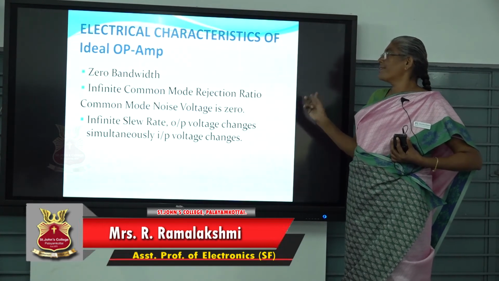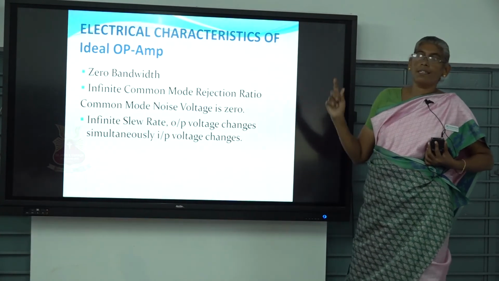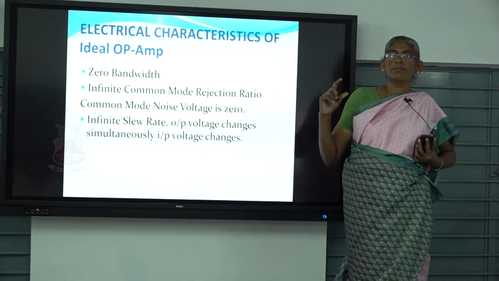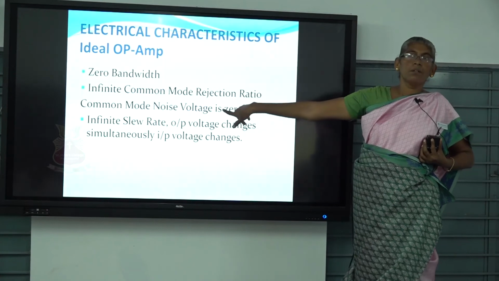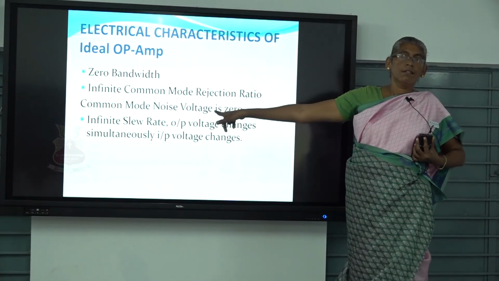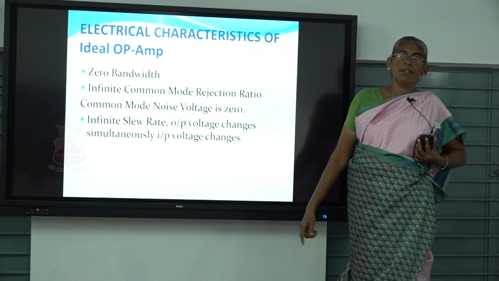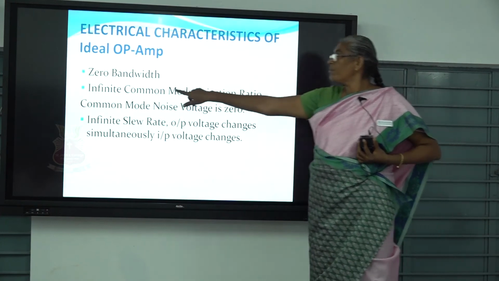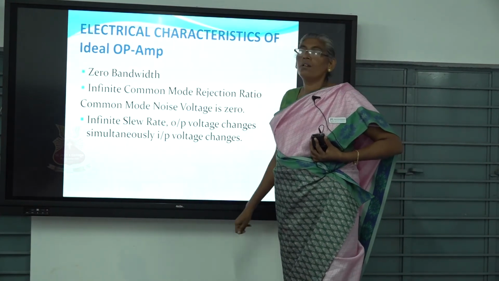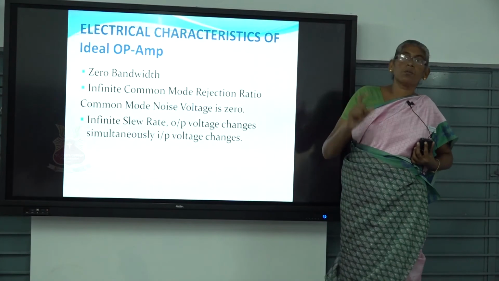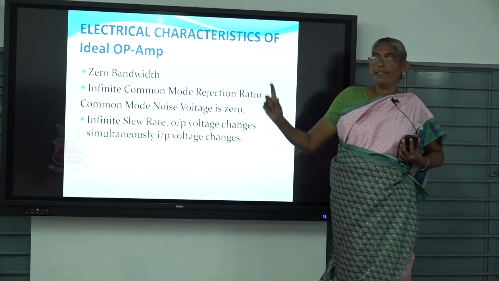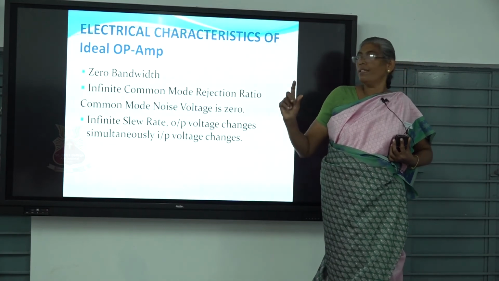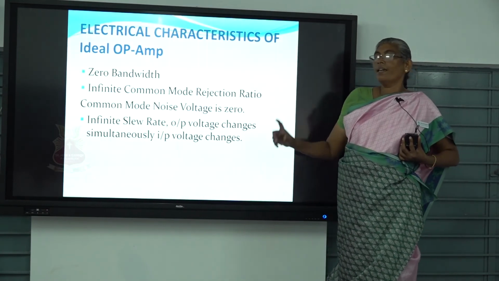Infinite common mode rejection ratio. What is the common mode rejection ratio? Last time you studied the common mode noise voltage and the common mode rejection ratio. It is the ratio of the gain of the differential section and the gain of the common mode section.